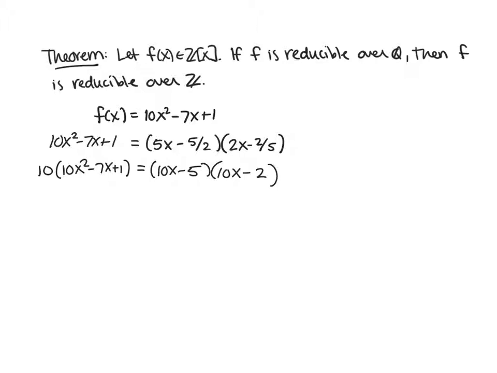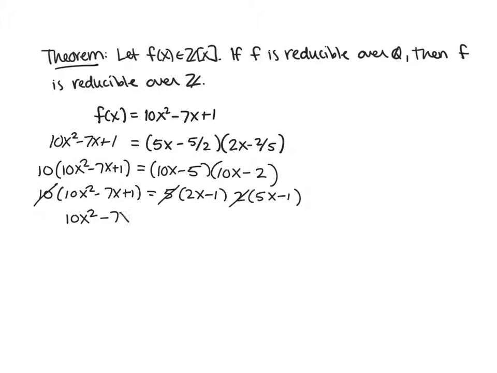Now on the right-hand side I'm going to factor out the common factors I see in each piece. So we have 5 times 2x minus 1 times 2 times 5x minus 1. And then this 10 cancels with the 5 and the 2. And so the polynomial that we started with has an integer factorization, 2x minus 1, 5x minus 1.